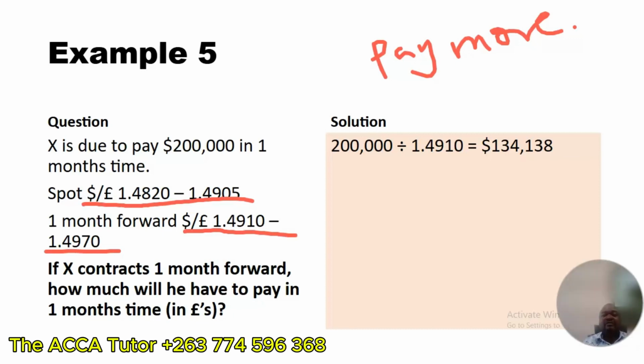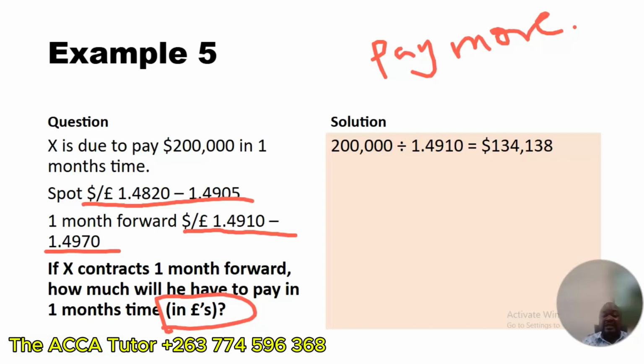Okay, now the currency is in dollars. The exchange rate is quoted dollar per pound, which means the pound is the base currency, and we want to convert this into pounds. So what it means is we need to divide.